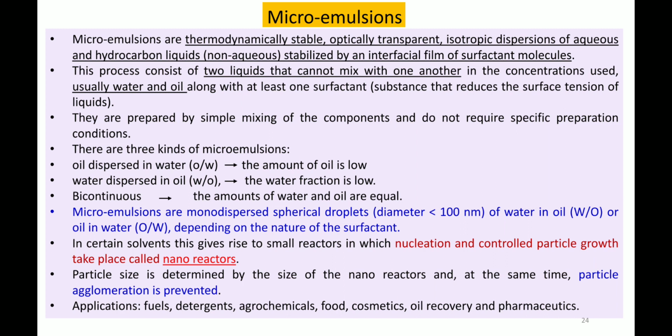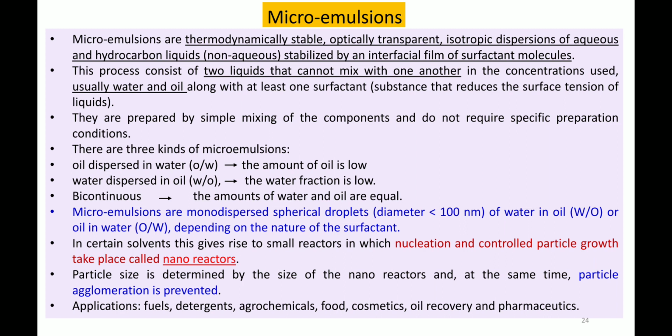So microemulsions are monodispersed spherical droplets. Monodispersed means they are identical in size and they are dispersed identically, and the shape of these droplets is spherical.